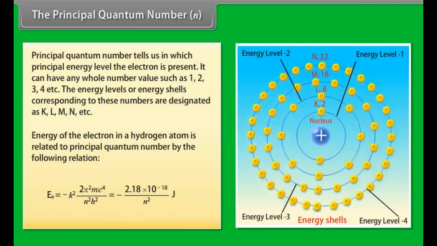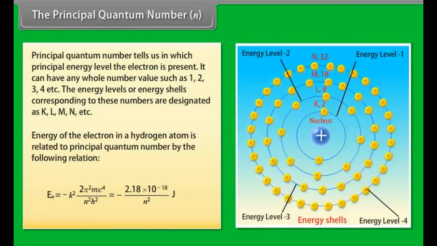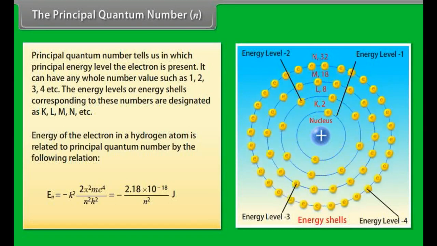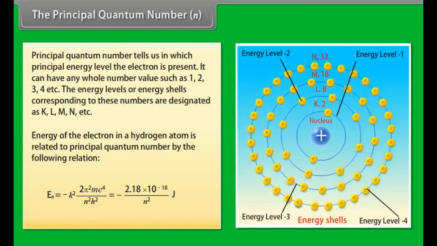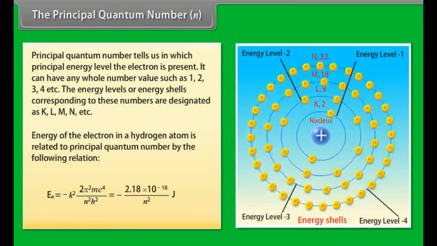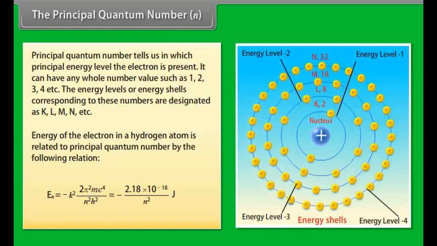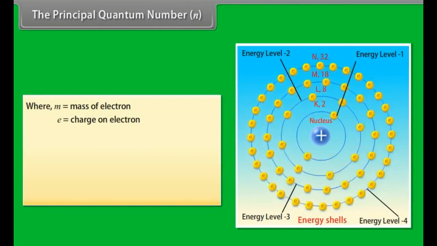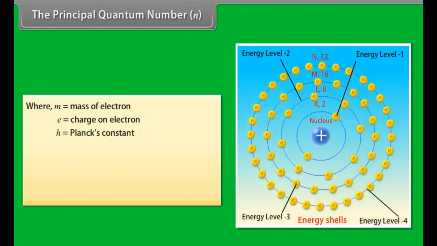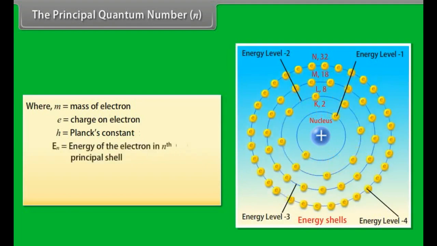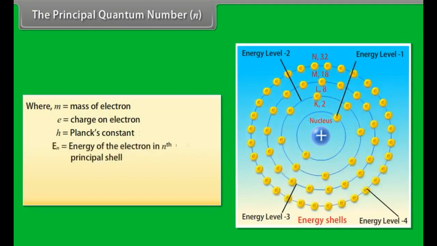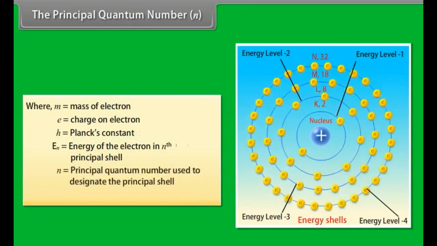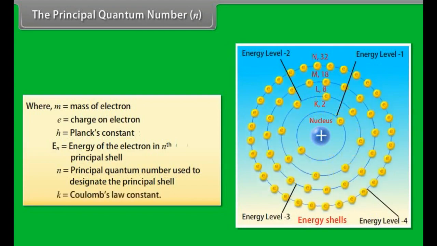En = −k² · 2π² · m · e⁴ / (n² h²) = −2.18 × 10⁻¹⁸ / n² joule, where m is the mass of the electron, e is the charge on the electron, h is Planck's constant, En is the energy of the electron in the nth principal shell, n is the principal quantum number used to designate the principal shell, and k is Coulomb's law constant.